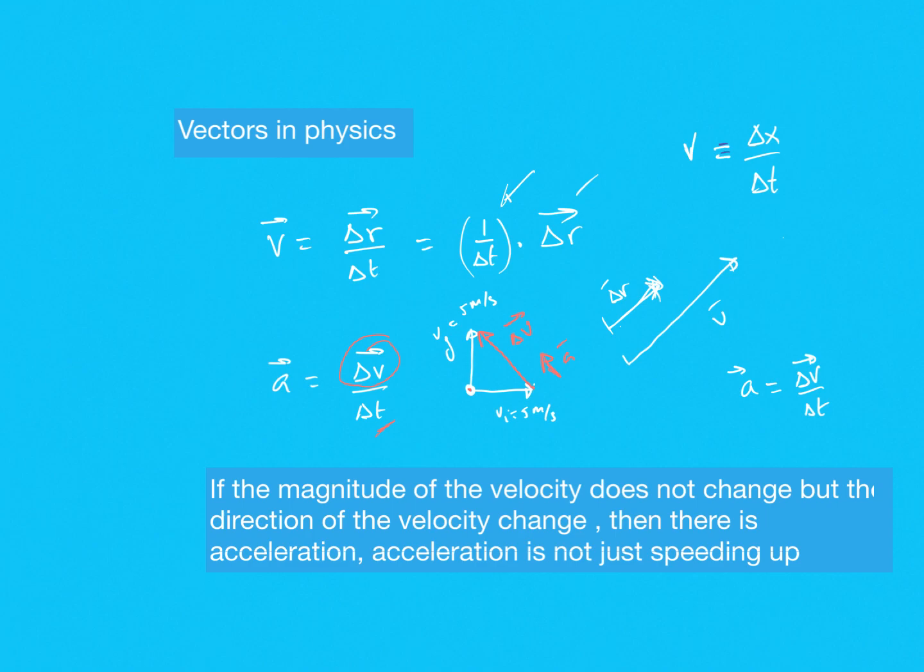And the velocity is in the same direction as the change in the position. If the change in position goes to the right, the vector velocity goes to the right. If the change in position goes in this direction, the velocity goes in this direction. So the velocity is parallel to the change in position, and the acceleration is parallel to the change in velocity.